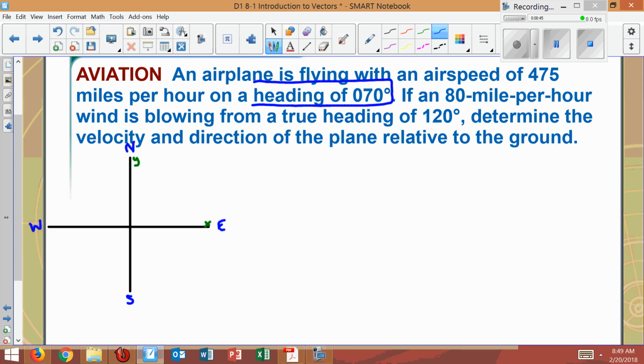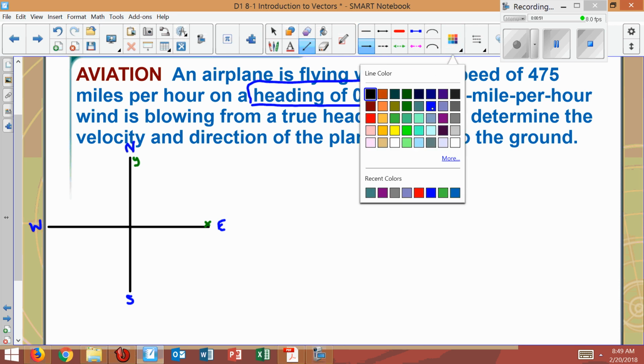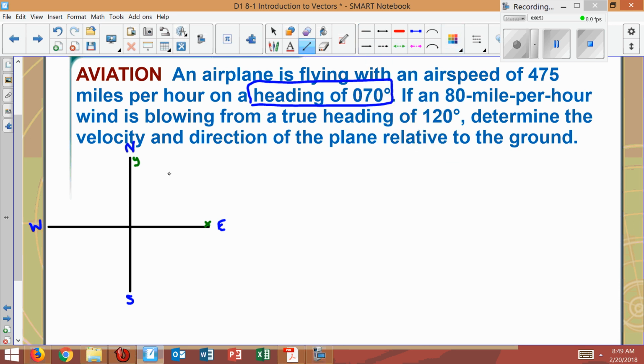Now, what heading means is you're starting from the north. So we are graphing this vector beginning in the north and heading 70 degrees clockwise, or said another way, towards east. So there would be 0 degrees, but this is 70 degrees. So it's something like this. It's heading this way, okay? So in this representation, this is 70 degrees.